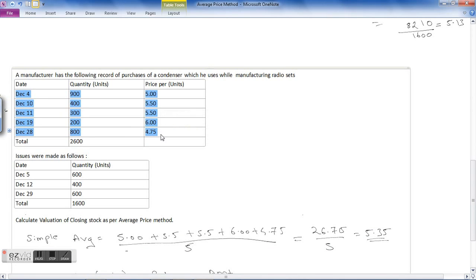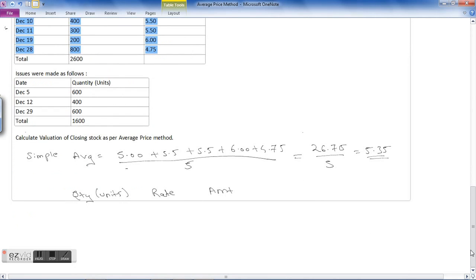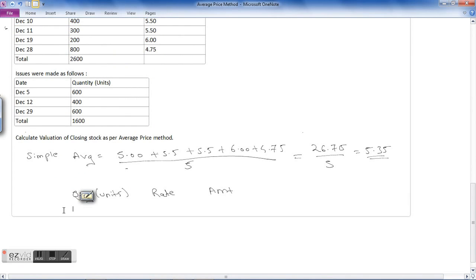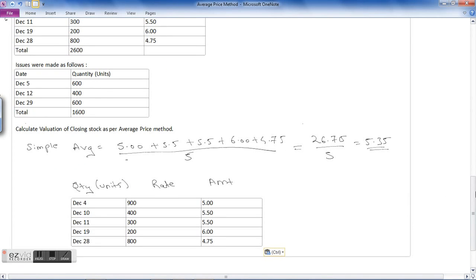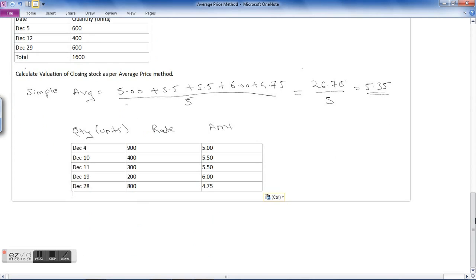I'll just copy and paste it. So we have quantity, rate, amount. Amount we will calculate here. So this is rate, then this is quantity, and this is date.